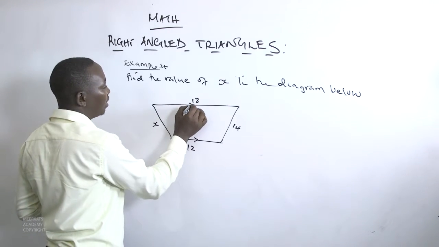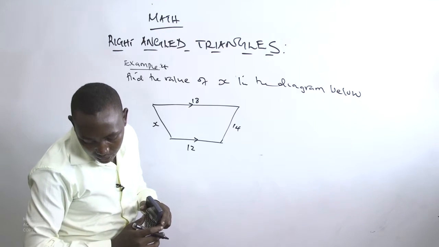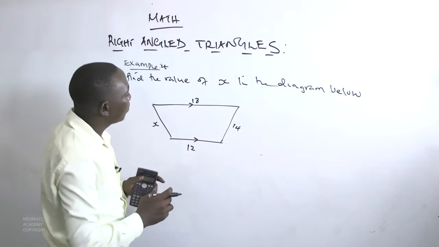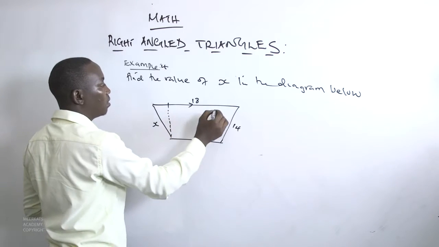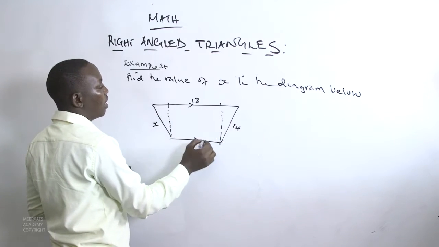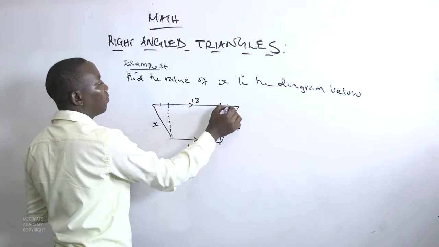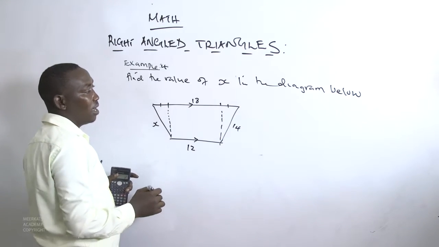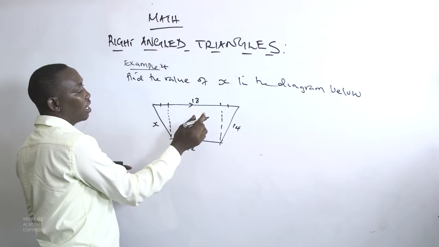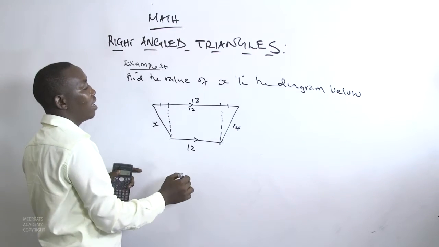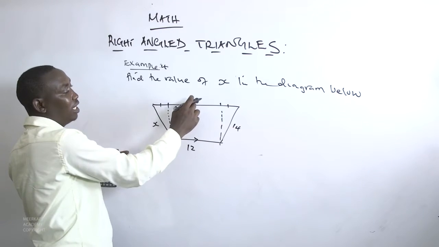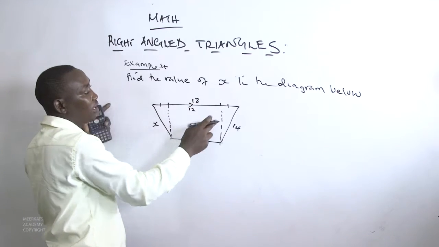We are also given that the two sides are parallel and that these two sides are equal. That means at the center we are going to have the length which is 12, leaving 18 subtract 12 to be shared on the other two sides.